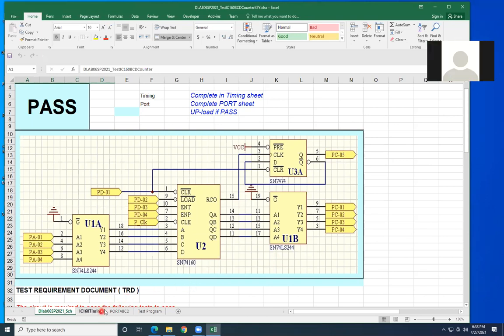Mr. Pham, I have a quick question. Yeah, go ahead. This might be a stupid question, but for U2, pin 2 is our positive clock, but doesn't the bubble designate it as a negative clock? We're using a positive clock.